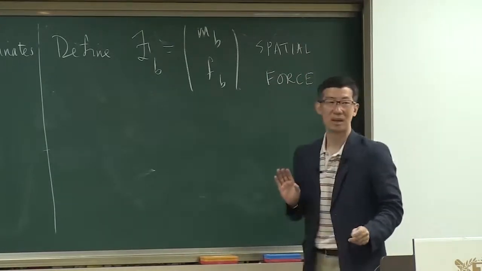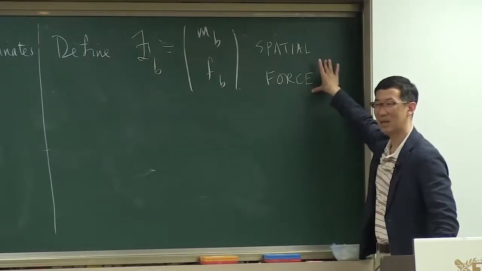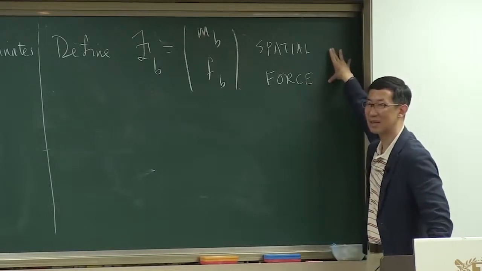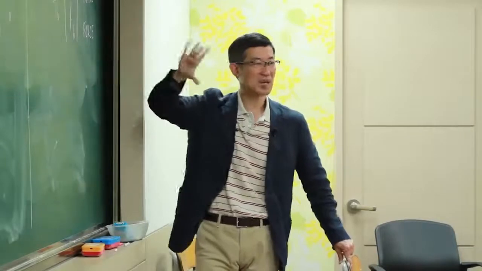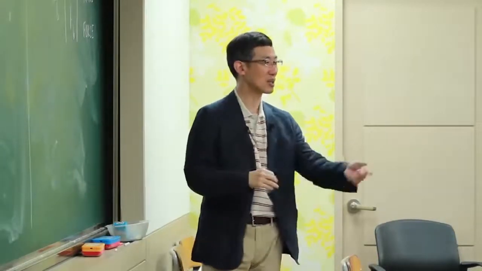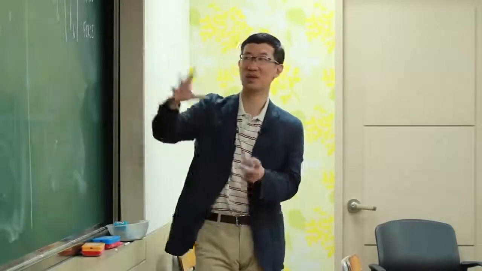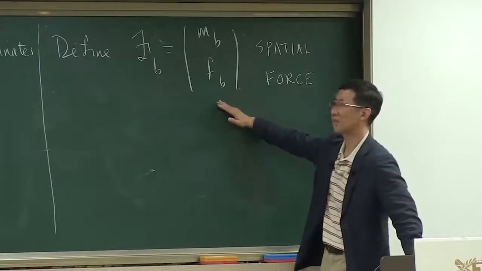Some people don't like this name because spatial implies 3-dimensional. I happen to think it's okay. Roy Featherstone is the person who first started using this spatial terminology. So spatial velocity is actually a 6-dimensional velocity. Spatial force is a 6-dimensional force. Okay. All right. So get used to this idea.